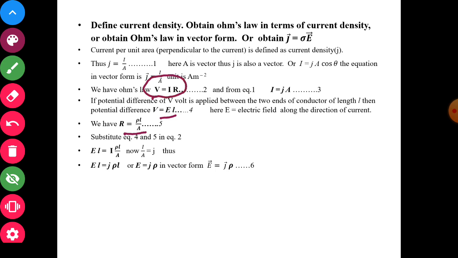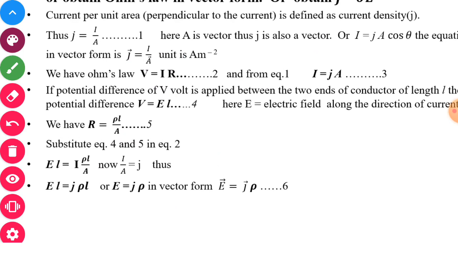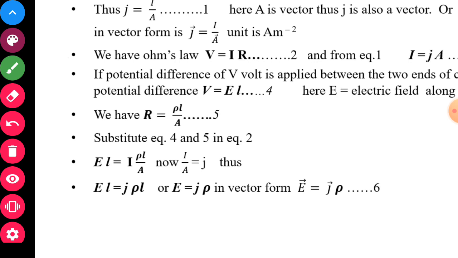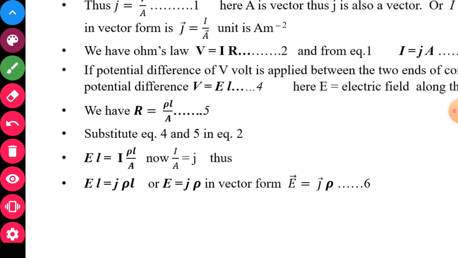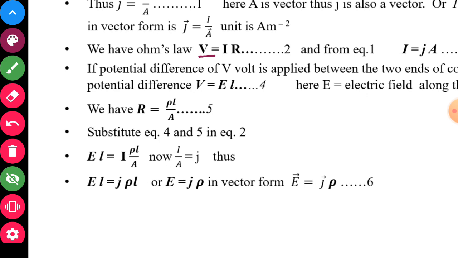So instead of V we write EL, and instead of R we are writing rho L upon A. If you simplify it, instead of the voltage V we have E into L, and instead of this R we are writing rho L upon A. So it becomes EL is equal to I rho L upon A. Now I upon A is nothing but J, so it has been replaced by J. So EL is equal to J rho L.